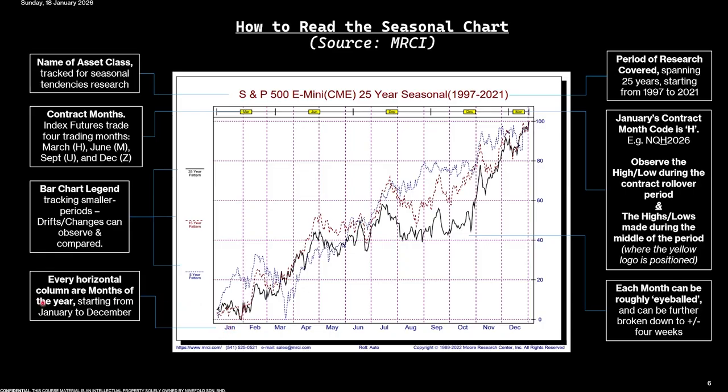Now, when we look at the horizontal columns, we can see that each month is represented by a column from January to December.